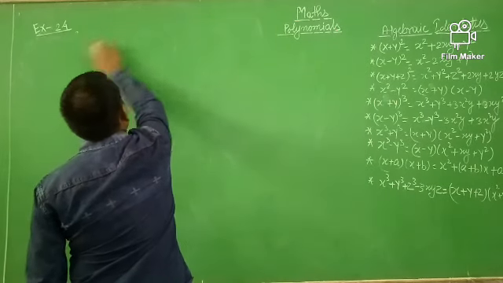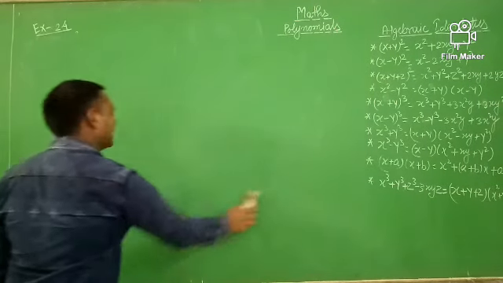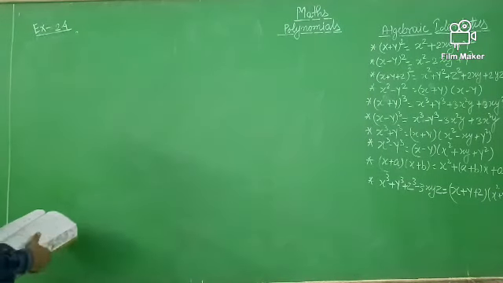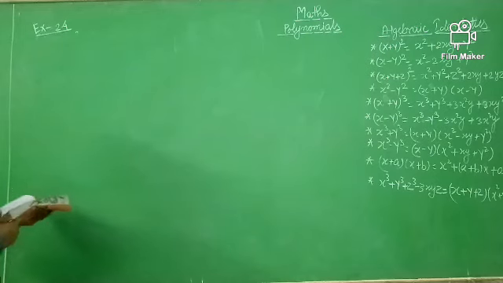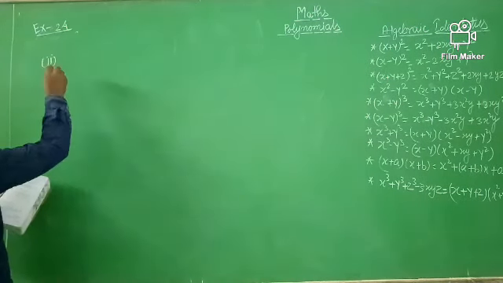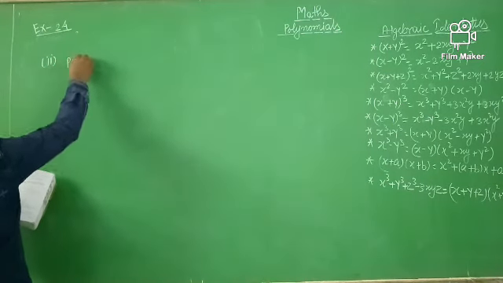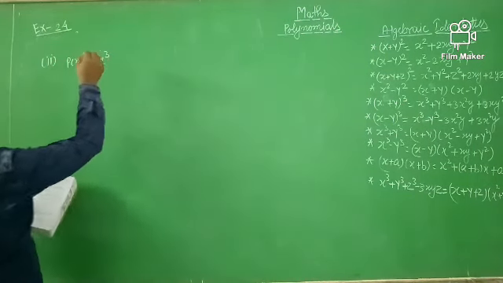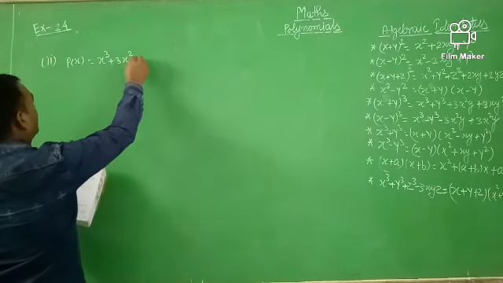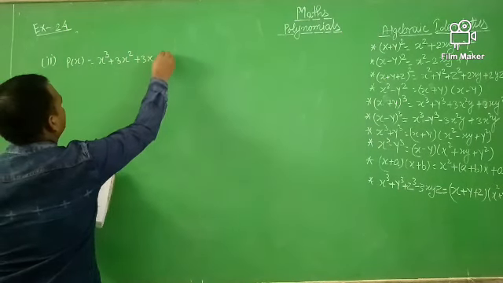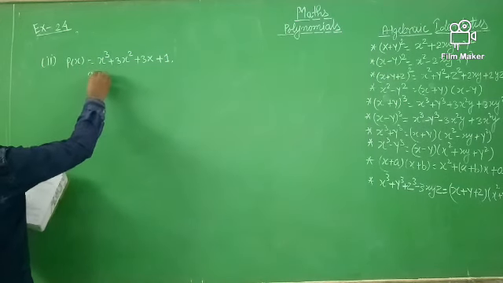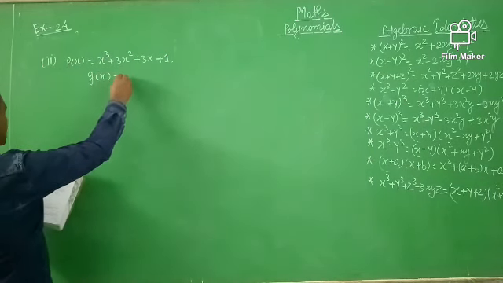And if it is not equal to 0, then you can say it is not a factor of p(x). Here we write down the values of g(x) and p(x). Question number two: p(x) is equal to x cube plus 3x square plus 3x plus 1, and g(x) is equal to x plus 2.